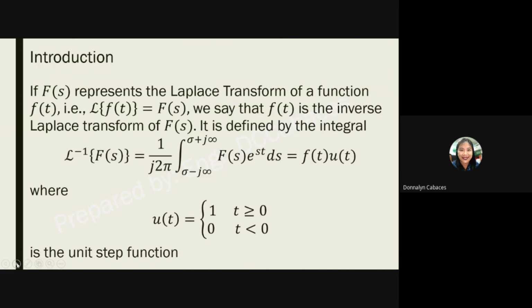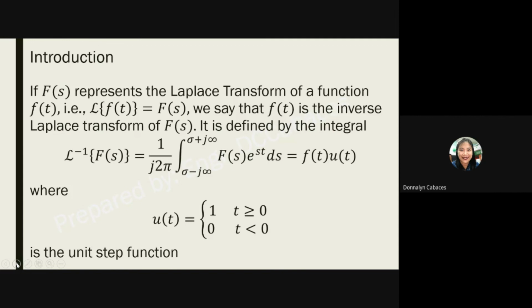And by definition, it is defined by the integral of this function. So the inverse Laplace transform of a function of s is equal to 1 over j times 2 times pi, the integral from sigma minus j infinity to sigma plus j infinity.